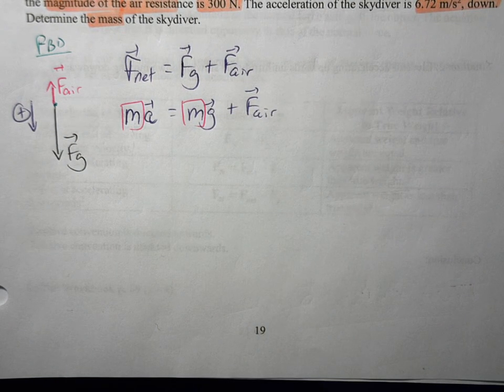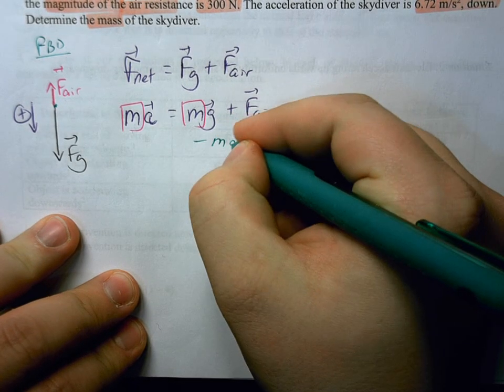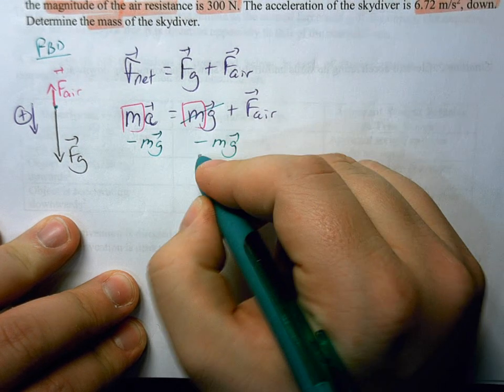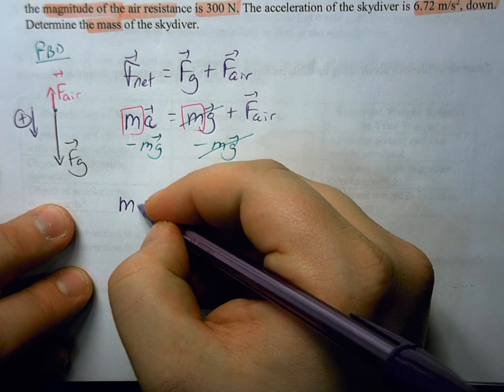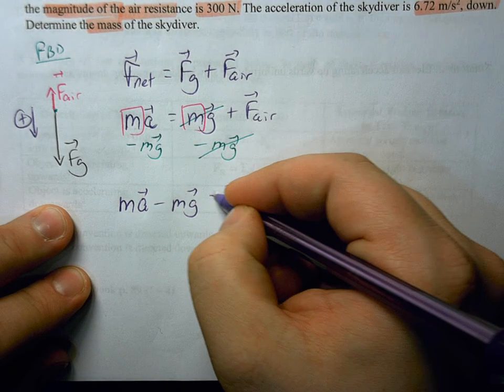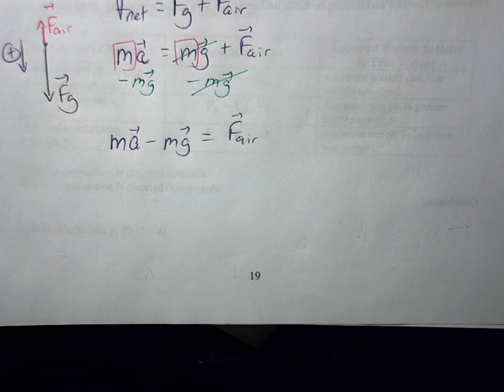So I'm going to subtract mg from both sides. So what I'm going to get is ma minus mg equals this force of air resistance. So the key is, if you have the term you're trying to isolate for in more than one term, bring all of those terms to one side.